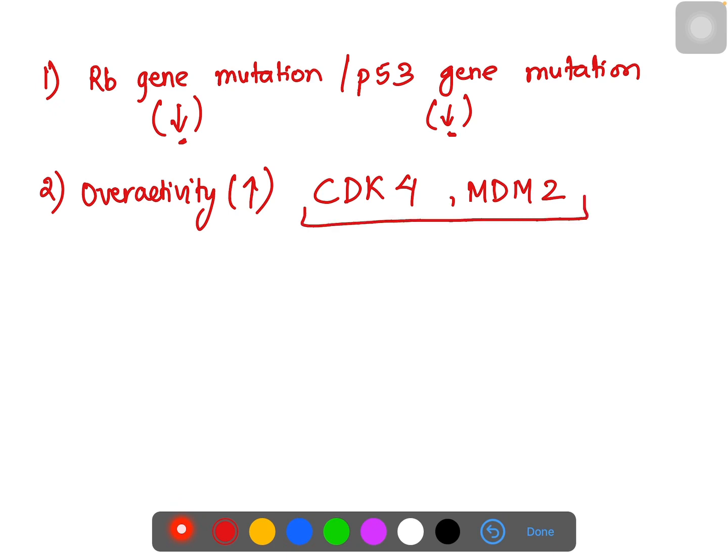These two genes are regulators of the cell cycle. They increase cell division and the proliferation of cells. So the overactivity of cyclin dependent kinase 4 and MDM2 genes is suggestive that the patient is suffering from osteosarcoma. So these are some of the risk factors of osteosarcoma.